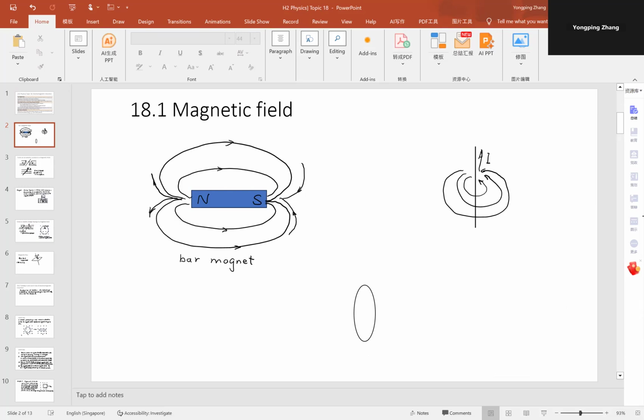For a circular loop of wire, have the magnetic field. Use the right hand rule. The magnetic field is this one.